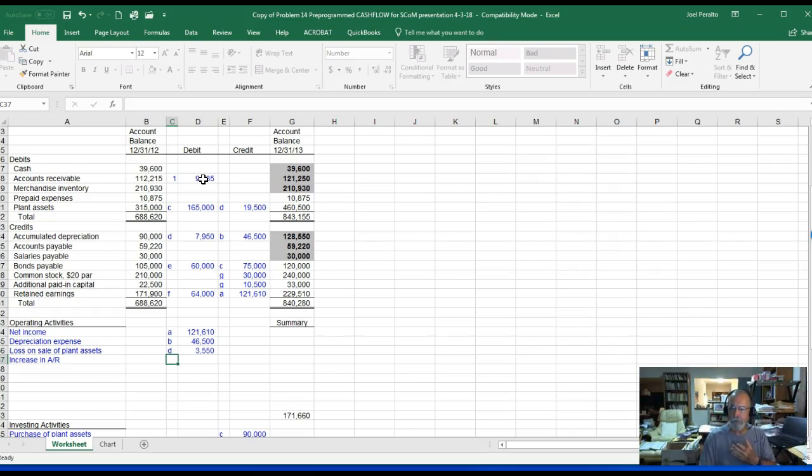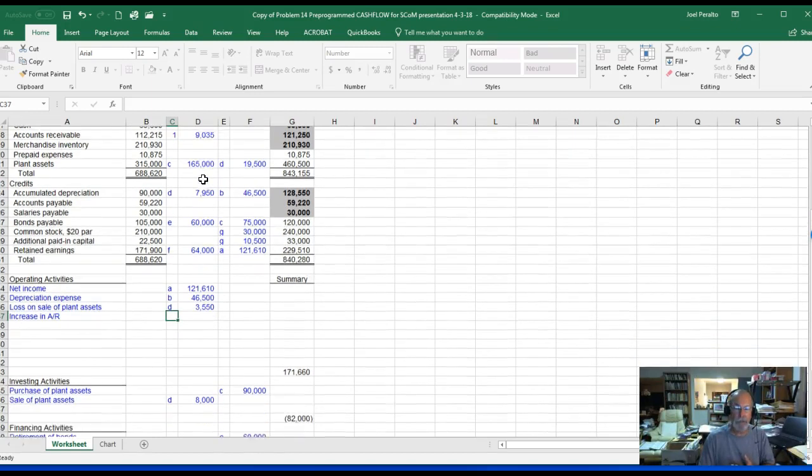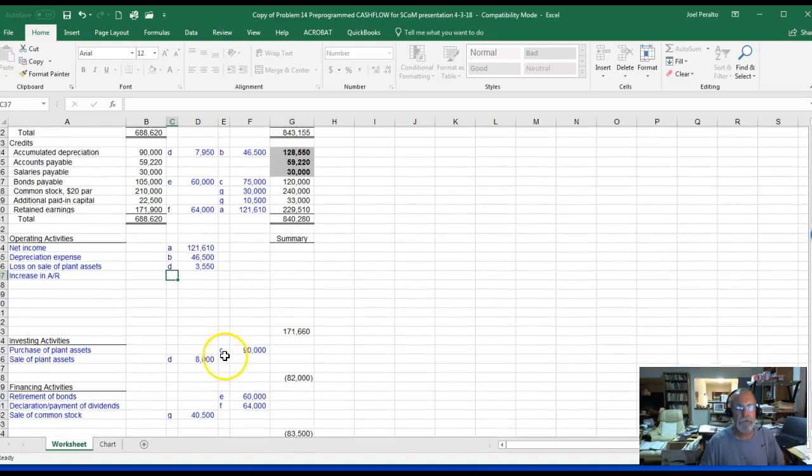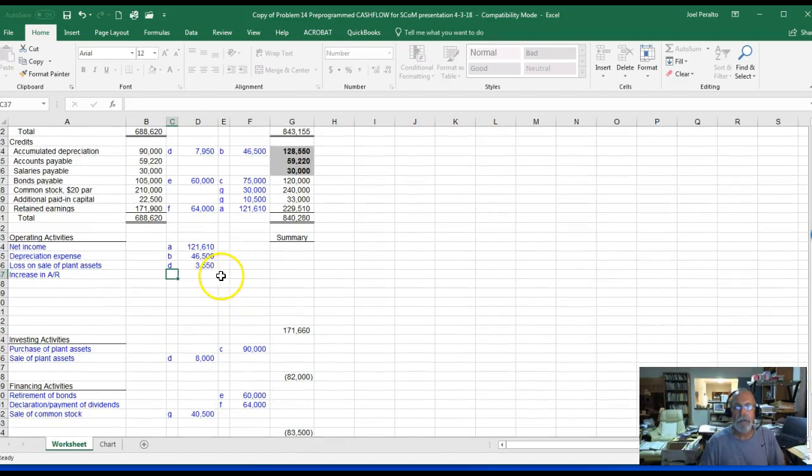Therefore the effect on cash as reflected on the statement of cash flows is negative. And so we would show that amount as a credit or a negative amount down below under operating activities.